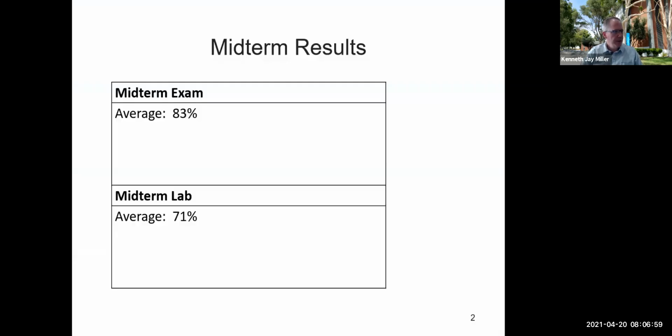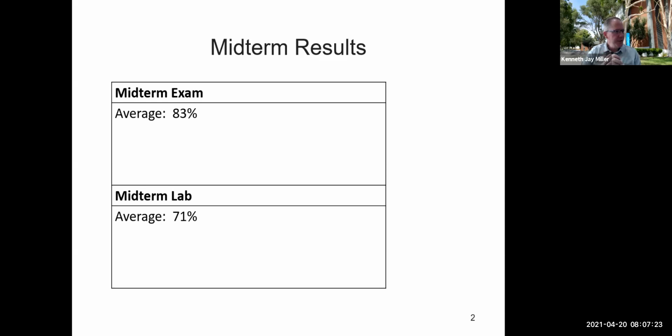All right. So first thing I want to talk about is the midterm exam, and the lab midterm. The average score on the midterm exam was an 83%, which is really good. Anytime you can have a class average above a B, that means the test was a good test.